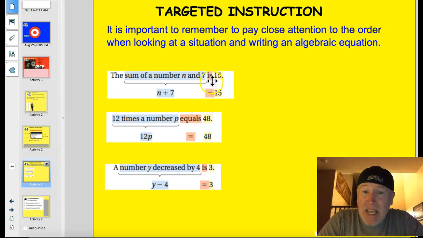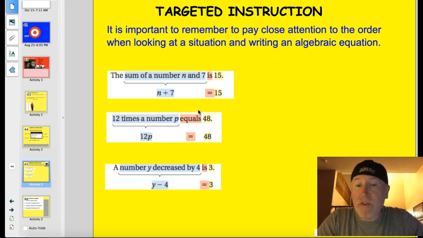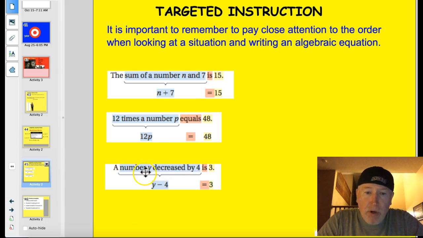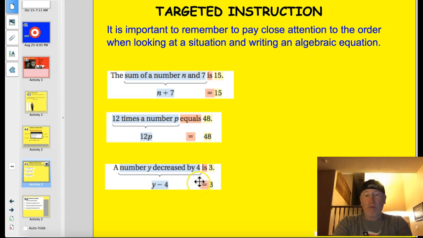There they used equals instead of is. They could have used the word equivalent or is equivalent to. A number y decreased by 4 is 3. So here's the y, and it's decreased by 4, is 3.